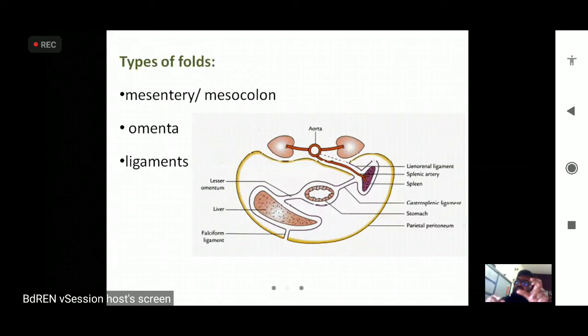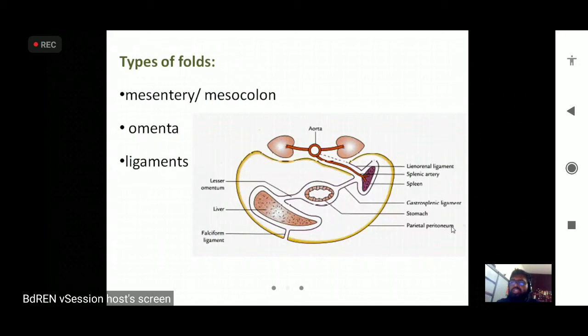Just consider you have inserted a thing which can push into the balloon, then it will be having some part attaching it to the front and some part to the back. The front part is, say, the ventral mesogastrium, and the back part is the dorsal mesogastrium.